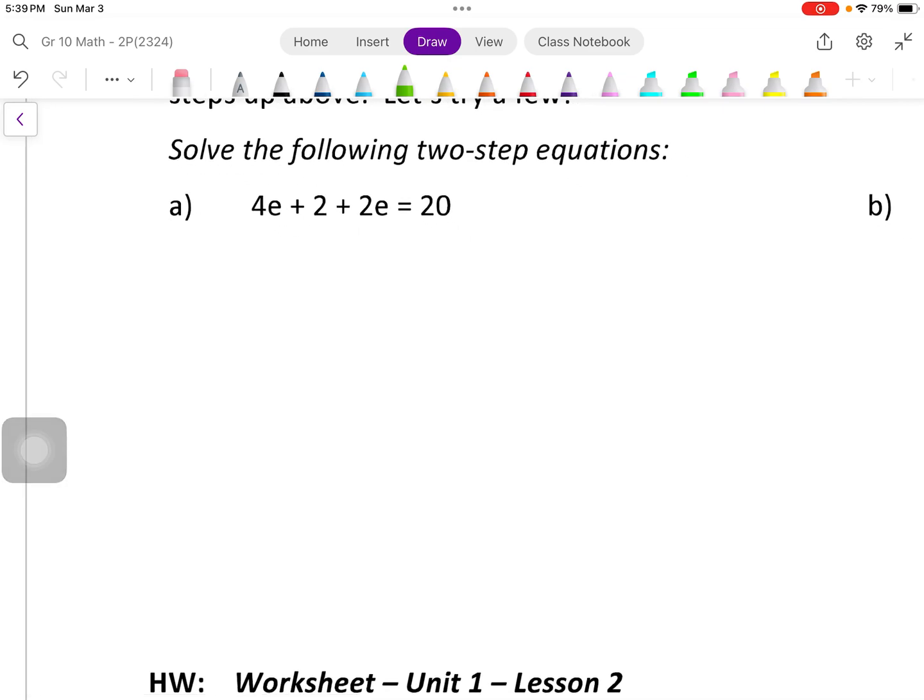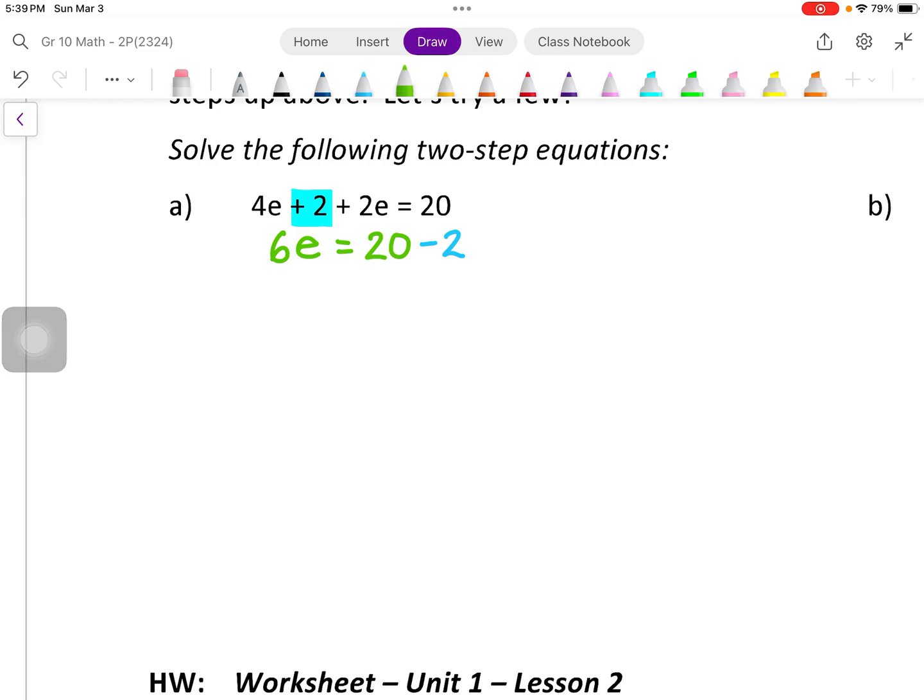So 4e plus 2e, when we add those together, we get 6e. On the other side of the equation, we had a 20, and the 2 we actually want to move to the opposite side. So we want to put it together with the 20. And the opposite of adding 2 is to subtract 2. Now what I want to do is get rid of the 6 in front of the e.